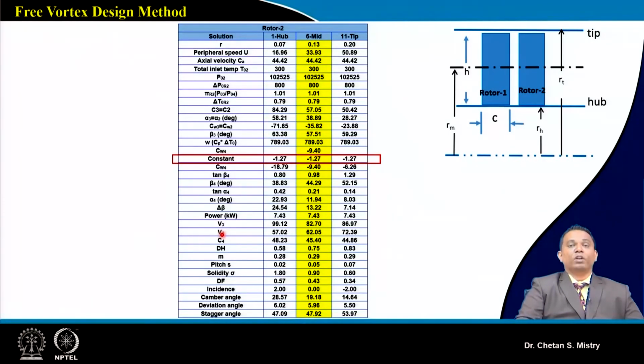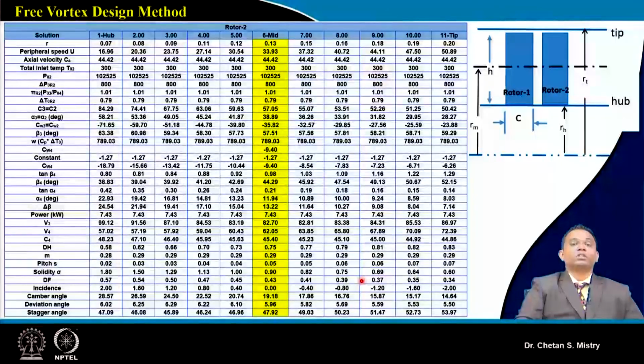Now this constant that we have calculated is minus 1.27. We have done our calculation for diffusion factor. You can see that near the hub region the diffusion factor is large, and near the tip region it is lower. Delta beta is also in the range of 24 degrees at the hub and 7 degrees near the tip region.